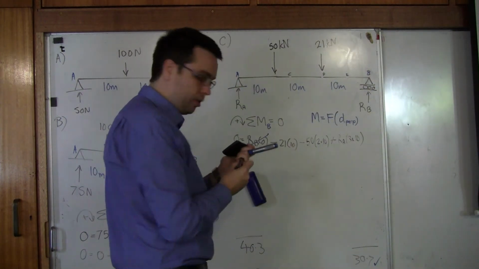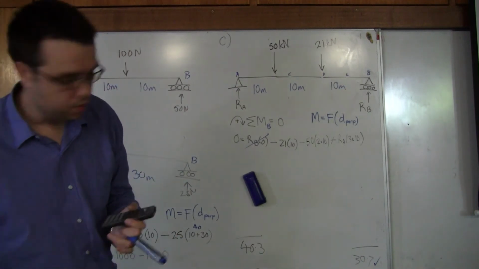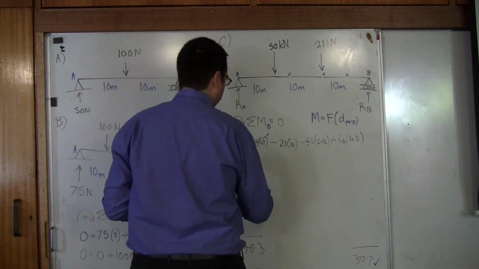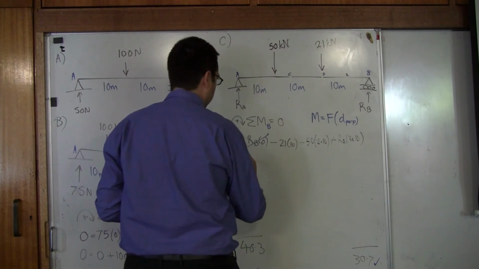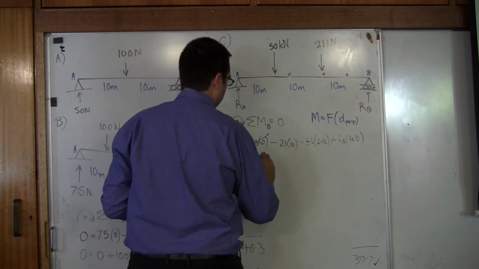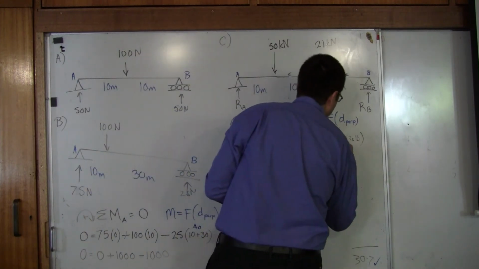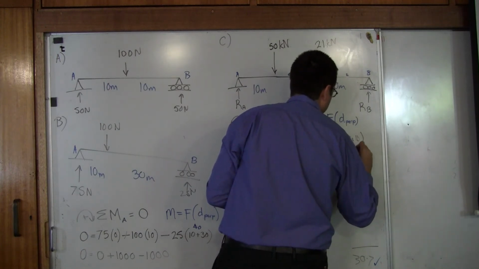I'm going to change markers just to the full. These markers are harder. Okay, so I'm going to simplify that. I've got 0 equals minus 2100. Oh, sorry, just to go back, I'm going to state my assumption here. Assume up, therefore assuming clockwise positive.